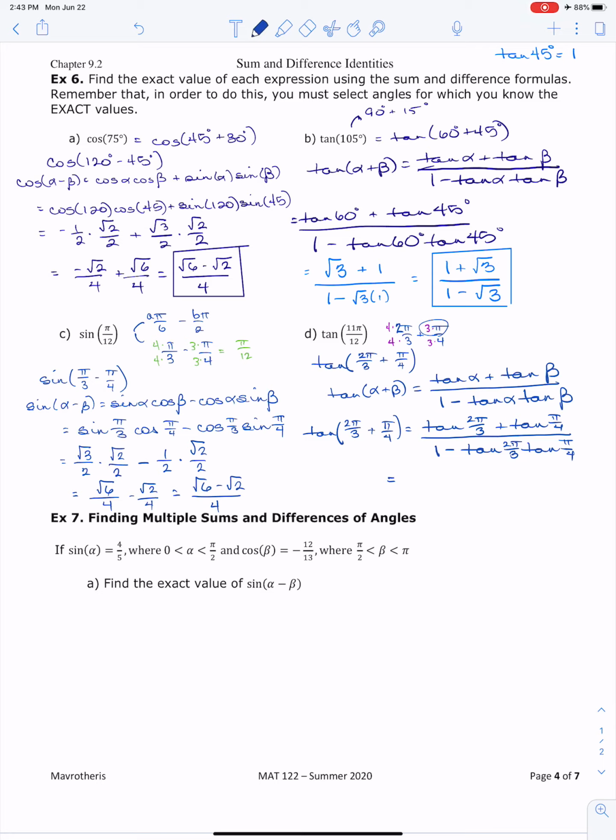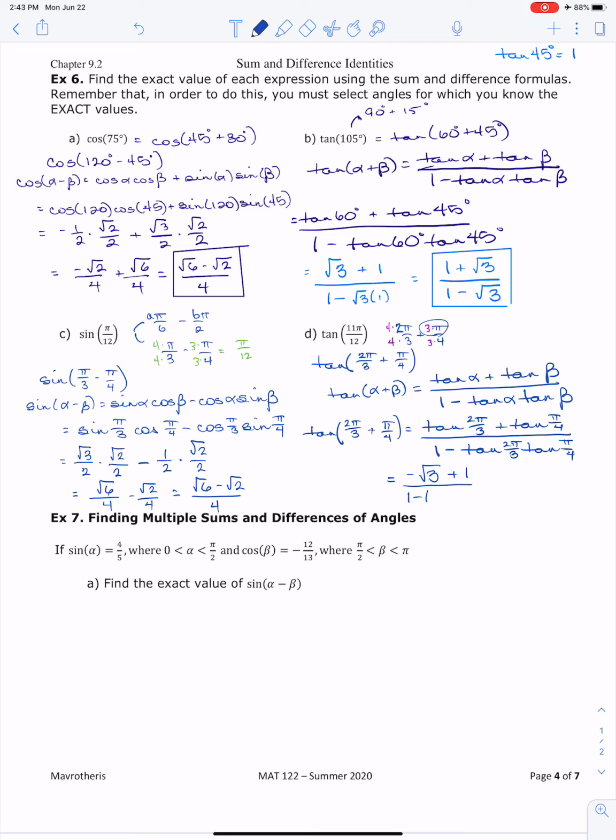Tangent of 2 pi over 3, that is in the second quadrant, so tangent's going to be negative because our sine is positive, our cosine is negative. It should look like our pi over 3 part, right? So tangent at 2 pi over 3, positive square root of 3 over 2 divided by negative 1/2. We get a negative square root of 3. Tangent of pi over 4 is 1.